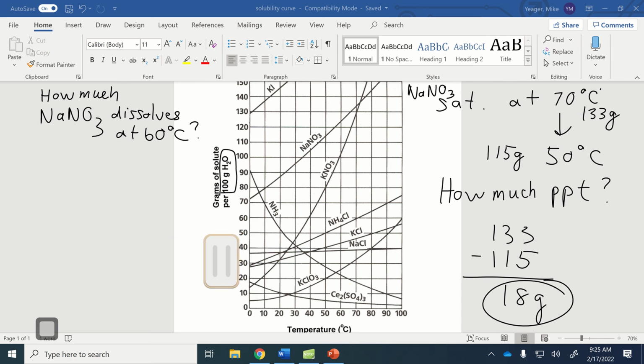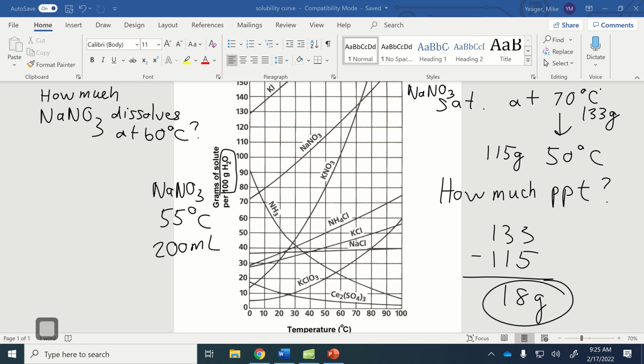Okay? So the last thing I could do here is change the volume. And so what I'd ask, again sticking with NaNO3, is I could say, hey, at 55 degrees Celsius, I want to make a solution of NaNO3, and I have 200 milliliters of water. How much can dissolve?